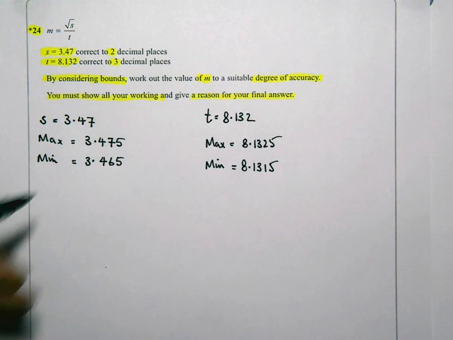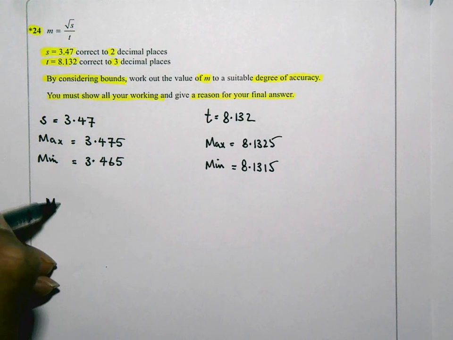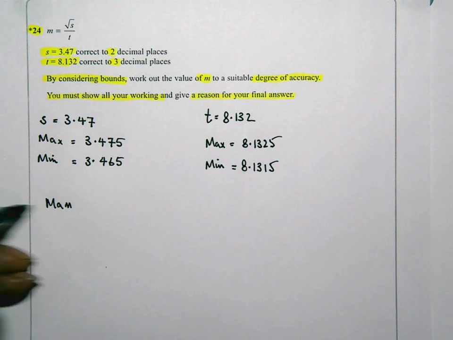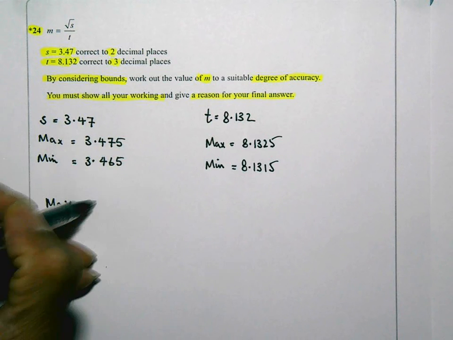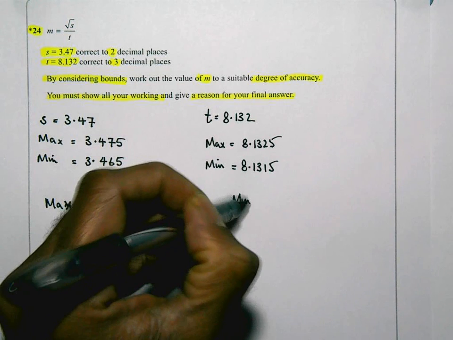Now, what I need to do now is to work out the maximum value that M could take, and the minimum value that M could take.